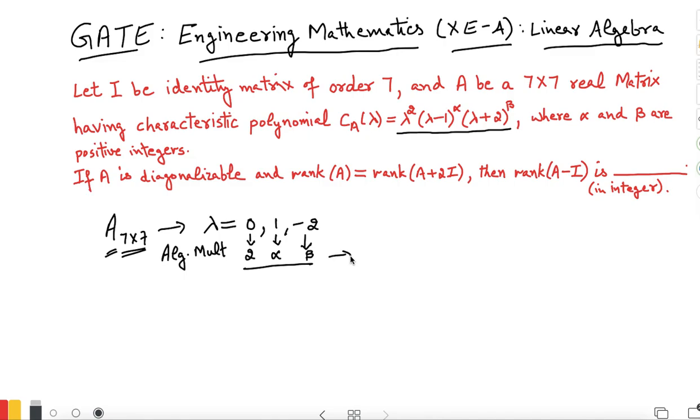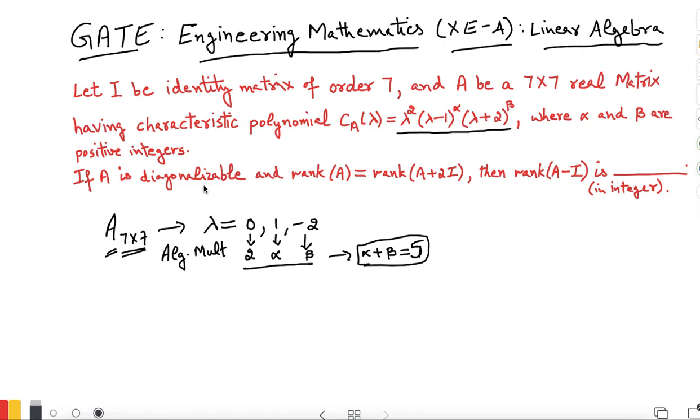So we know that alpha plus beta plus 2 is going to be 7. So alpha plus beta is going to be 5. So this is known: the eigenvalues 1 and minus 2 will be repeating such that the sum of this will be 5, so that we have a total of 7 eigenvalues for the matrix A.